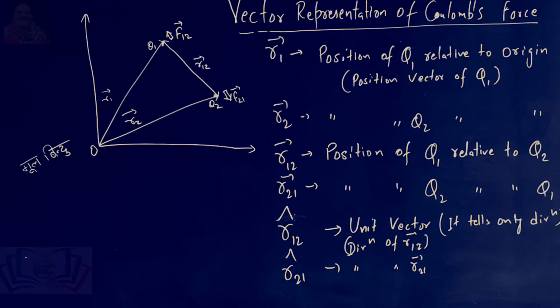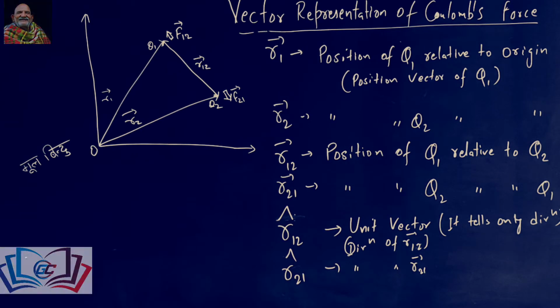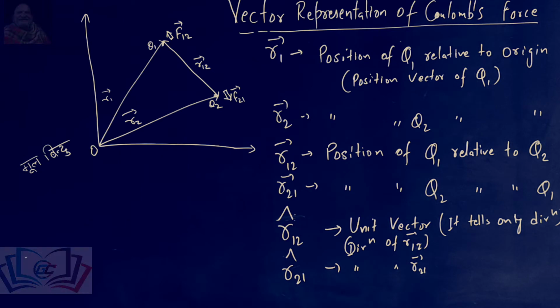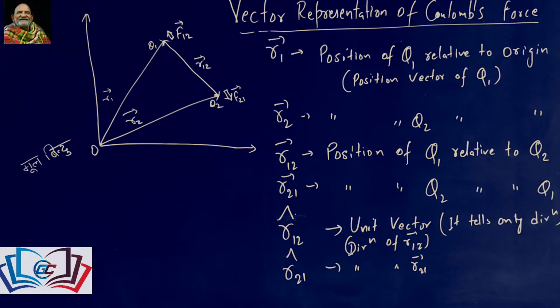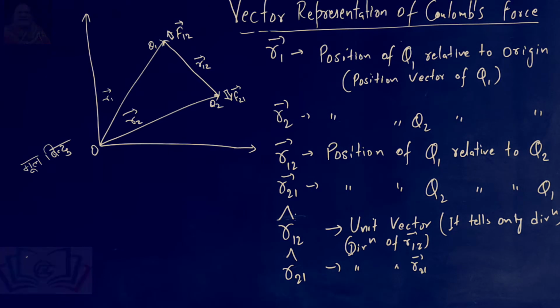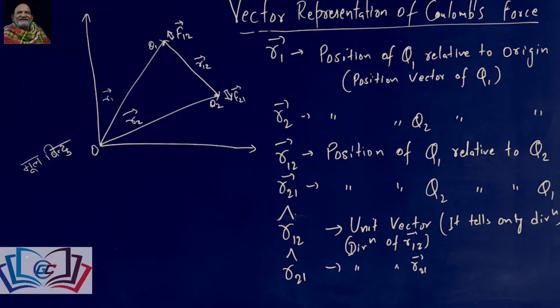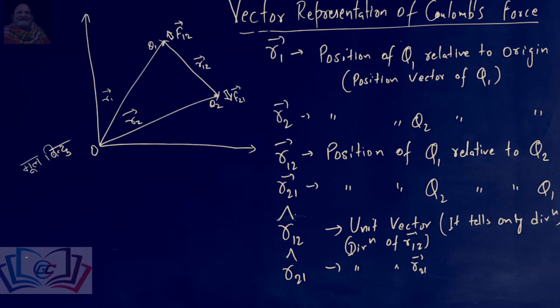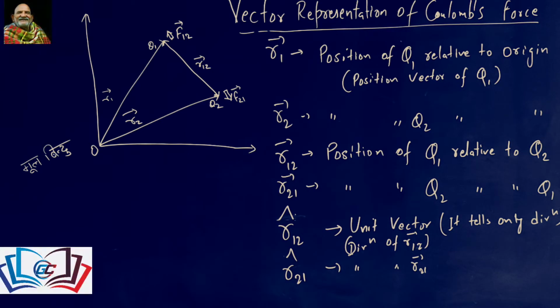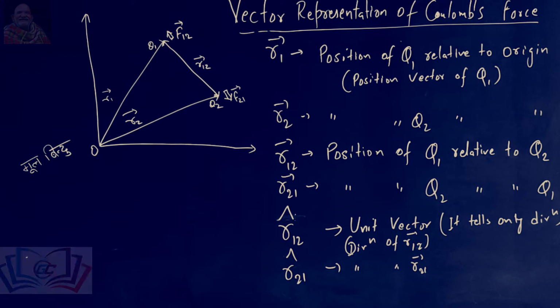Same as r1, what is r2? r2 is the position of q2 relative to origin O. Now see what the r12 vector is. The r12 vector gives the position of q1 relative to q2. It means q2 will be the origin for q1, then we mention r12 as the position of q1 relative to q2, and the r21 vector will be the position of q2 relative to q1.